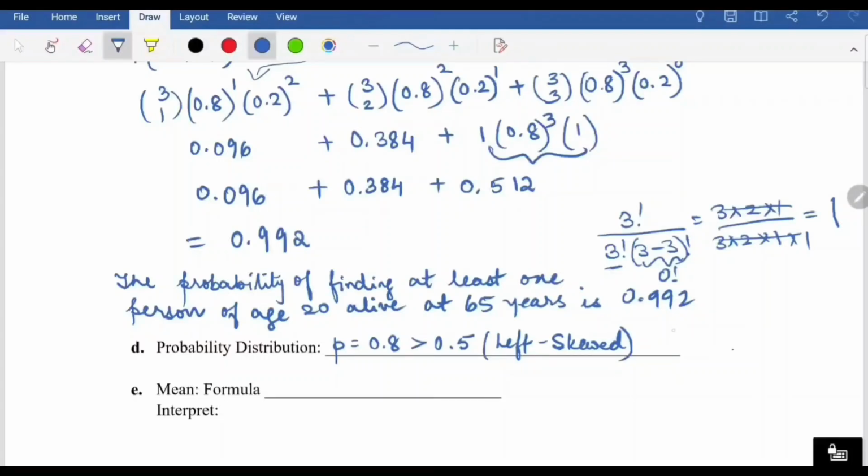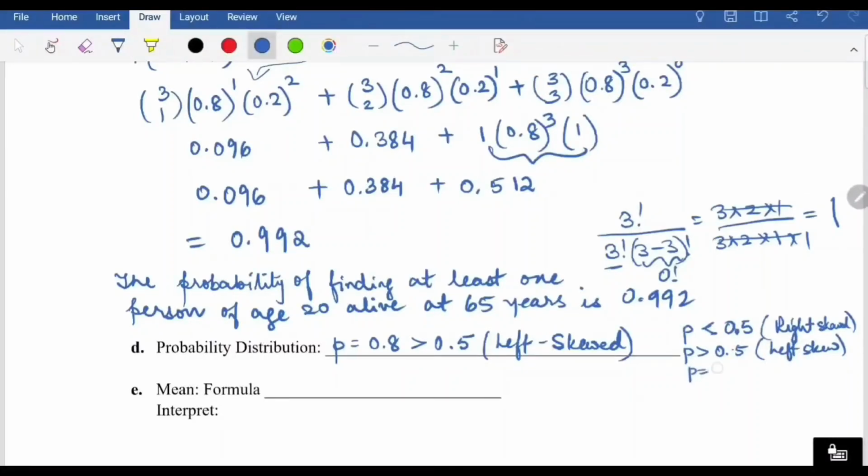For p less than 0.5, it's going to be right skewed. For p greater than 0.5, it's going to be left skewed.